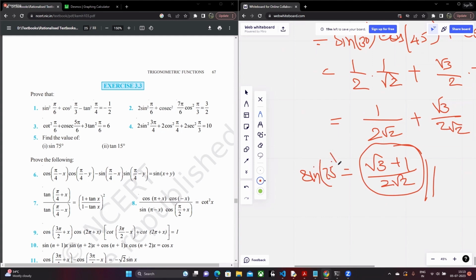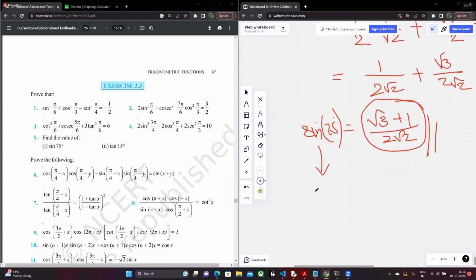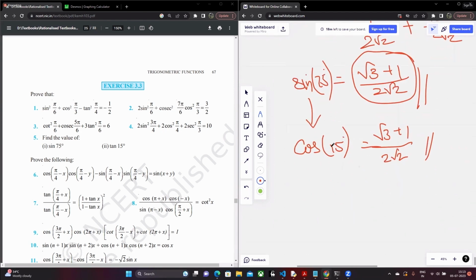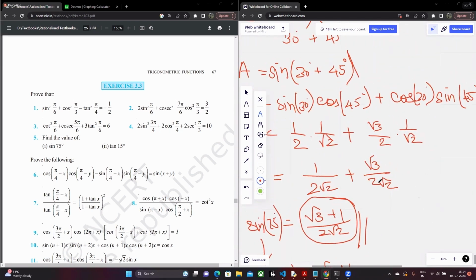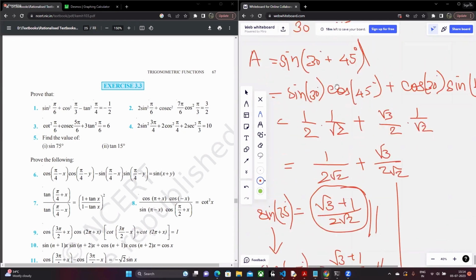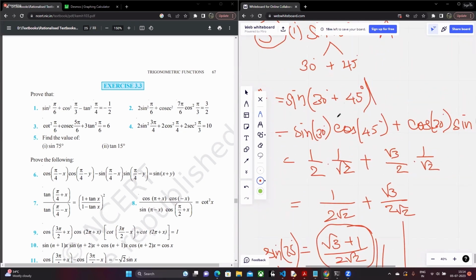From this, you can also say that cos of 15 degrees is going to be equal to root 3 plus 1 divided by 2 root 2, because sine 75 is equal to cos 15. They're complementary angles.